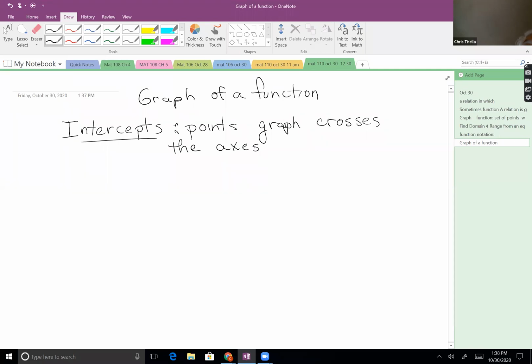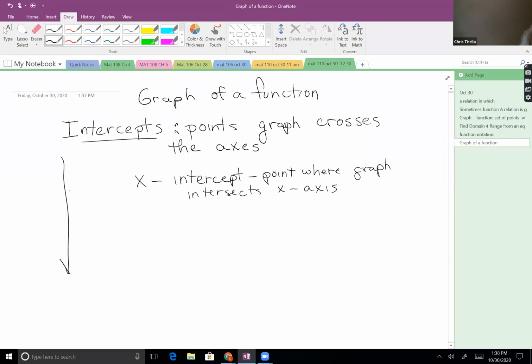We're going to find that we sometimes talk about two different types of intercepts. If I look for the x-intercept, it's the point where the graph intersects the x-axis. And so I'm going to draw a set of axes.